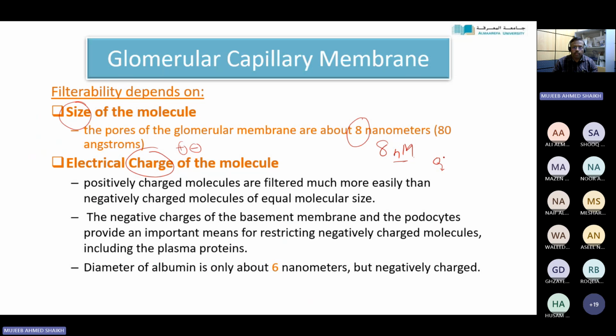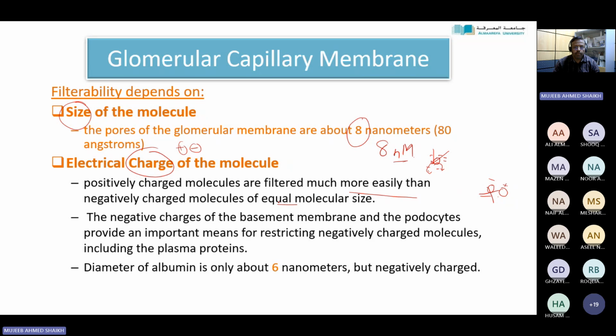Because these holes are charged by a negative glycoprotein, negative ions cannot pass through easily, whereas positive ions can. So positively charged molecules are filtered much more easily than negatively charged molecules of the same size. Suppose one molecule is positively charged and the second is negatively charged. Even though they look the same, the negatively charged one will not be filtered.